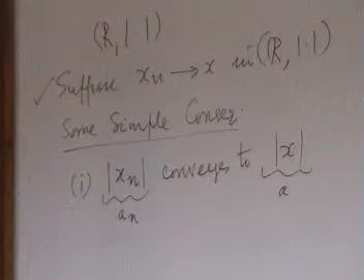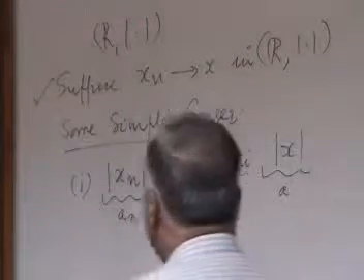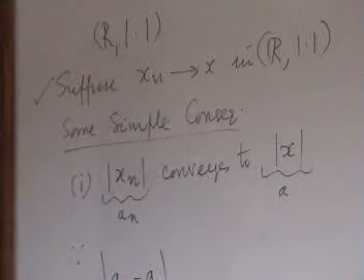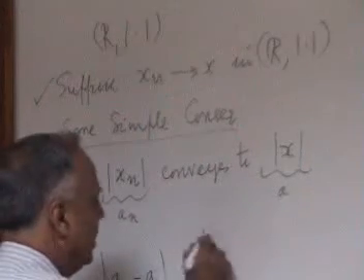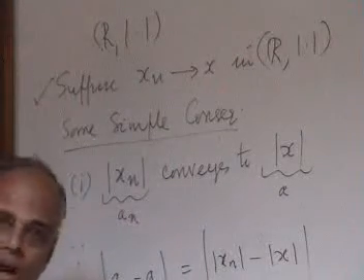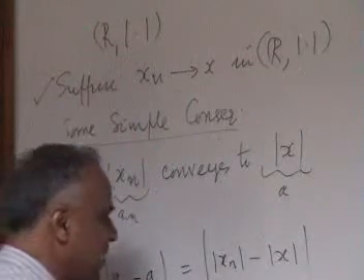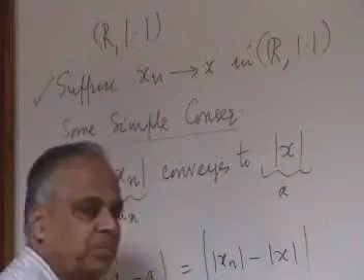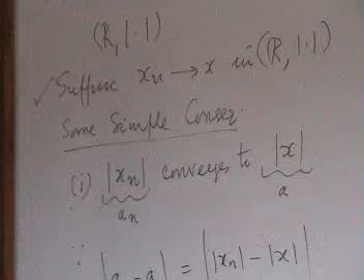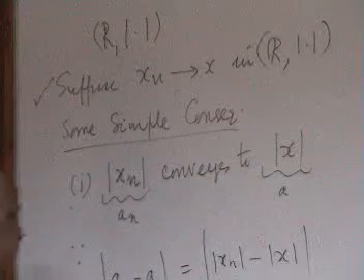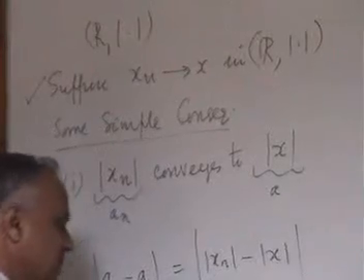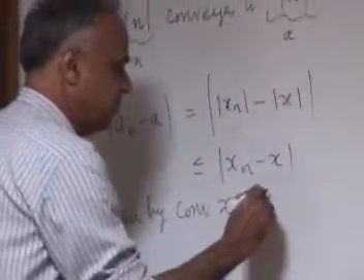That's all it essentially says. So we want to estimate an minus a. What is an minus a? Now we showed that this is less than or equal to the absolute value of xn minus x, but because xn converges to x, this can be made small, and therefore this can also be made small. And hence, I'll just write that by convergence of xn to x, we get the result.